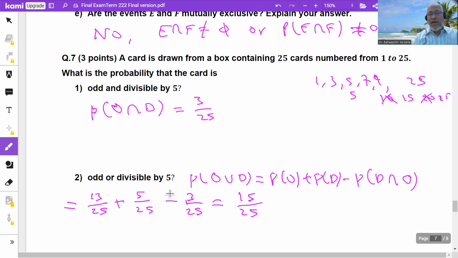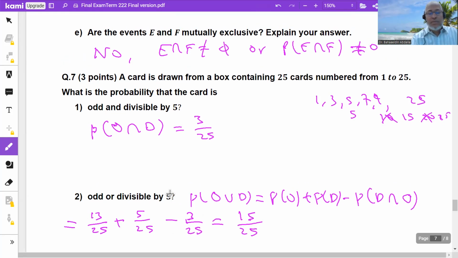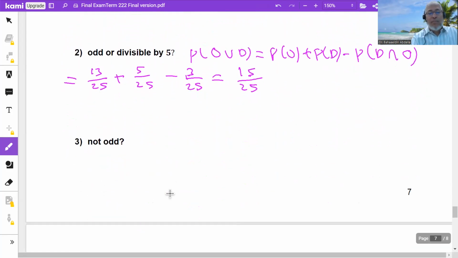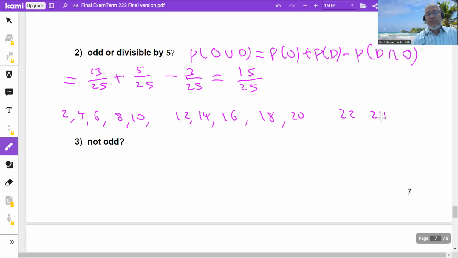Odd numbers, if you count the odd numbers, yes, 13 numbers. Not odd, we have 2, 4, 6, 8, 10, 12, 14, 16, 18, 20, 22, 24.